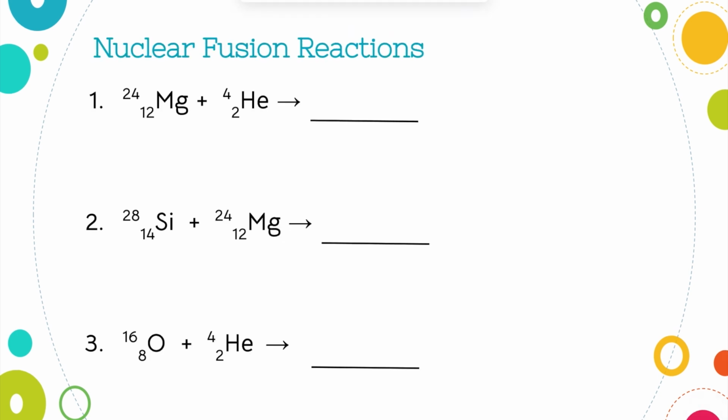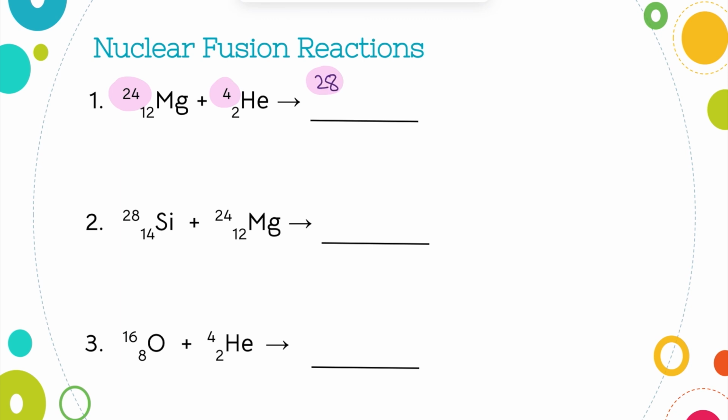Let's do some practice at nuclear fusion reactions. So as we look at this, we've got 24 plus 4, that's going to tell us the total mass that we need when that magnesium 24 and helium 4 undergo fusion. So 24 plus 4 is 28.